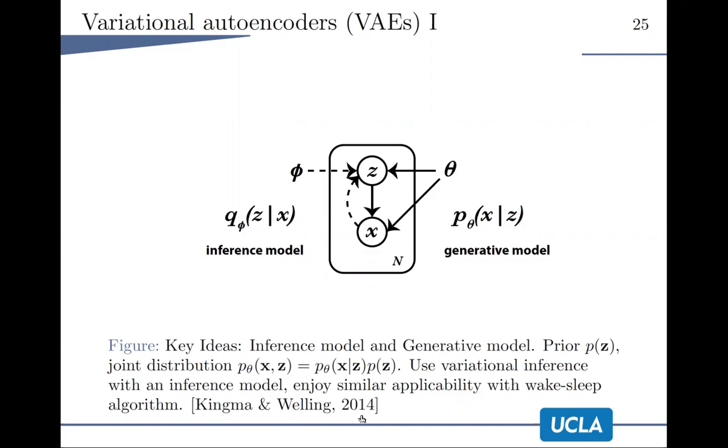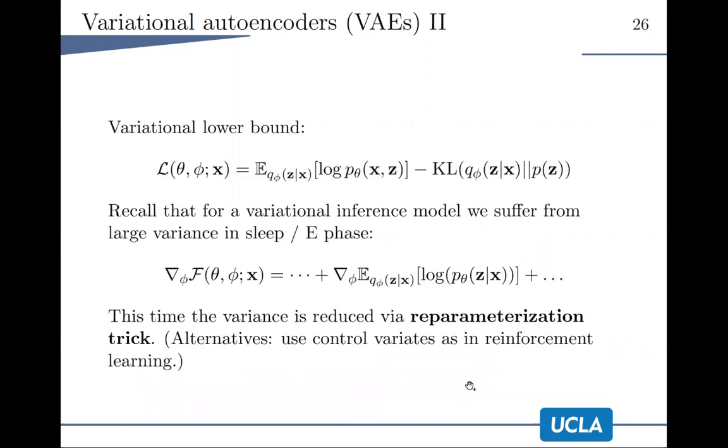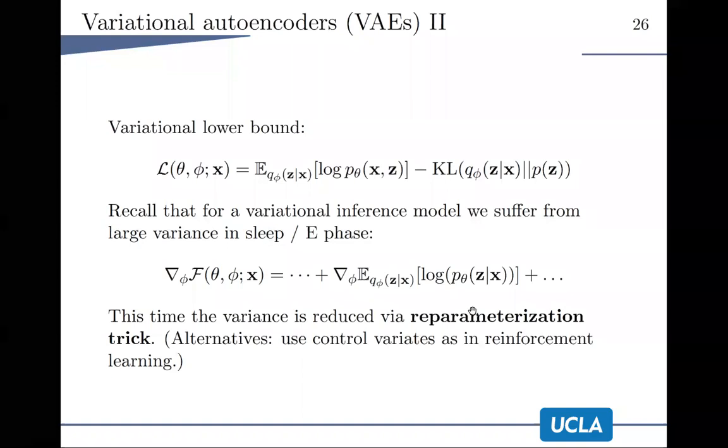By the way, I put the paper here. It's clickable. And the variational lower bound here, we have it again. Recall that for variational inference, we suffer from a large variance in the sleep phase, or what we call the E phase. That is because of this term.